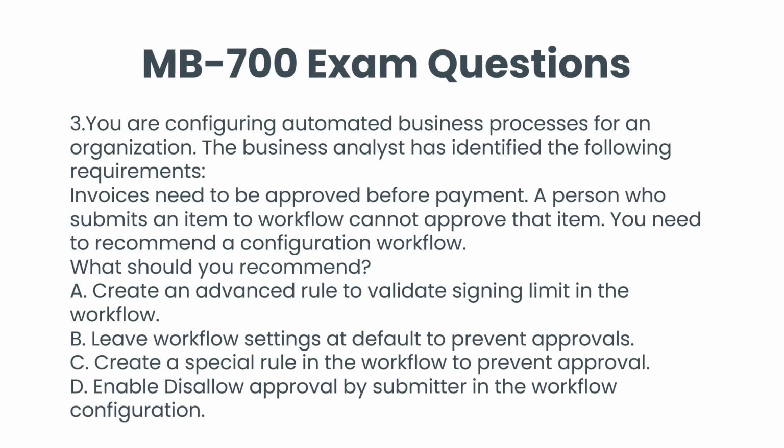A. Create an advanced rule to validate signing limit in the workflow. B. Leave workflow settings at default to prevent approvals. C. Create a special rule in the workflow to prevent approval. D. Enable disallow approval by submitter in the workflow configuration.